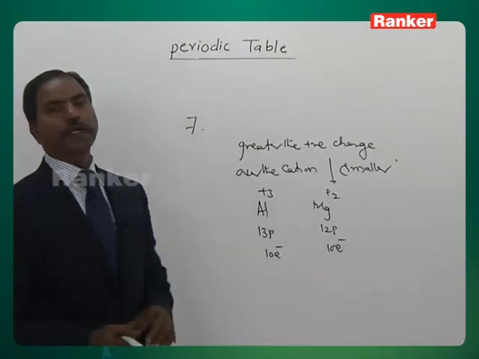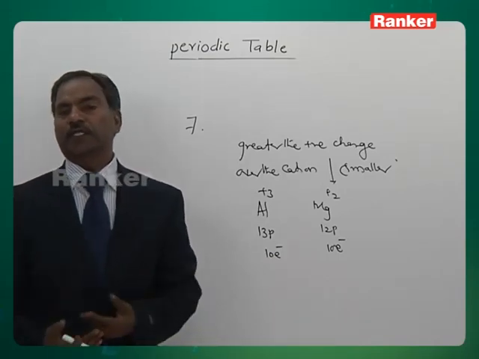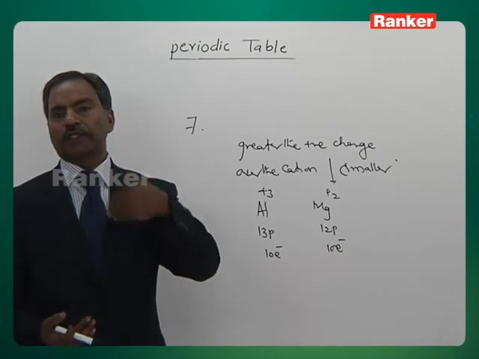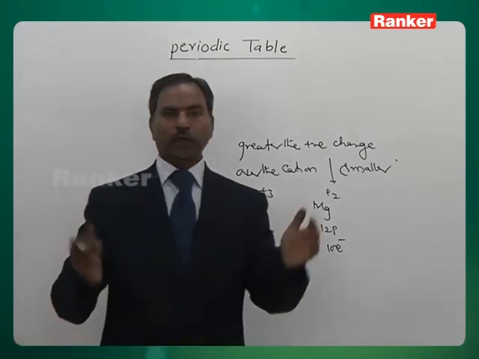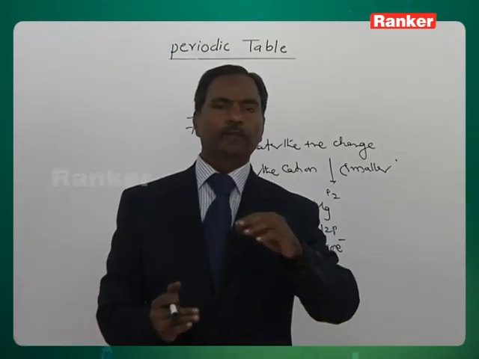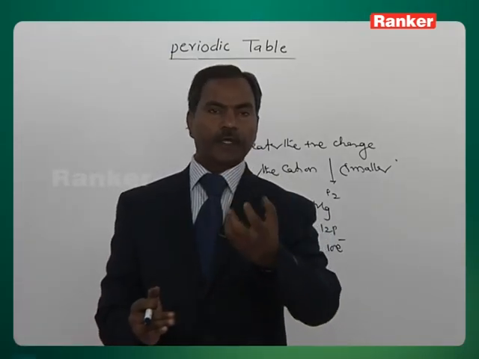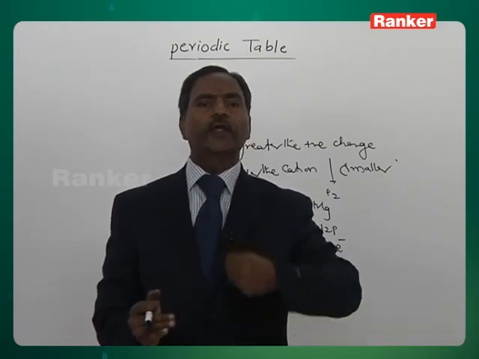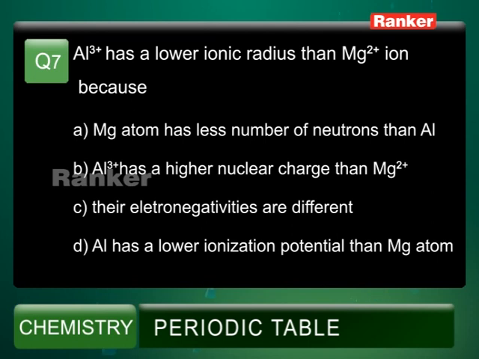But the nuclear charge, aluminum plus 3 is having 13 protons. It is having greater nuclear charge than magnesium plus 2. Therefore, it attracts the outermost orbital electrons toward the nucleus. Therefore, a cation with the greater charge will be smaller in size because of nuclear charge dominating the electronic charge. Therefore, question number 7, answer is B.